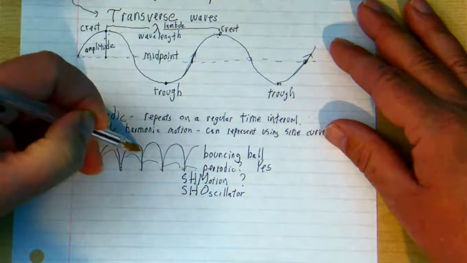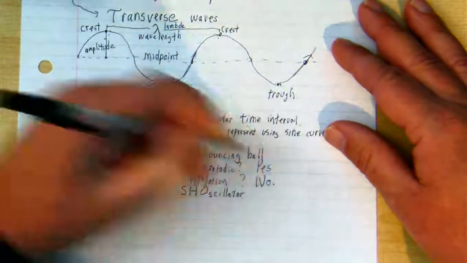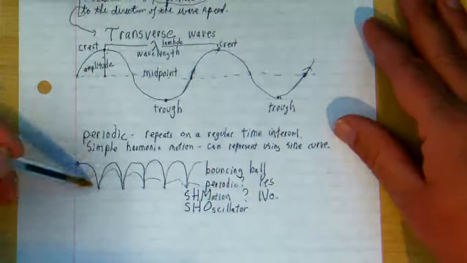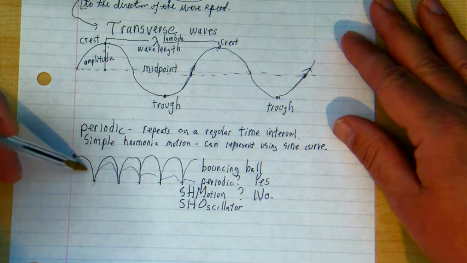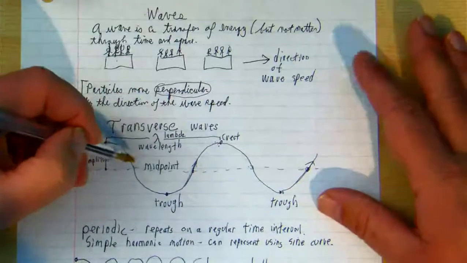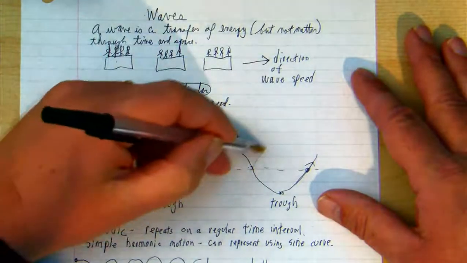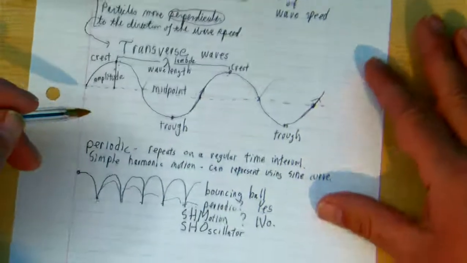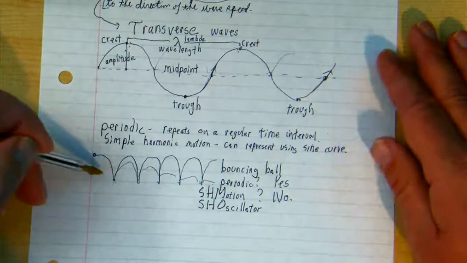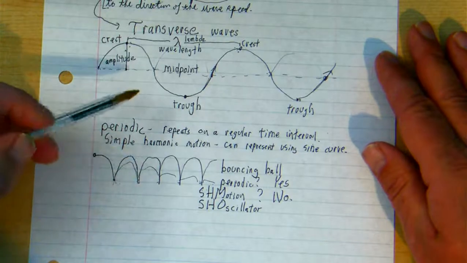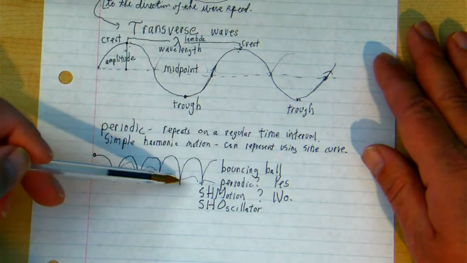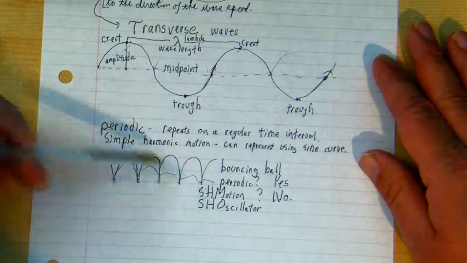Is this simple harmonic motion? The answer is no, it is not. You can't represent this by a sine wave. You can't take half a sine wave and rectify it and have this work out correctly. It just is not really that shape. So this is an example of something that is periodic, but not harmonic.